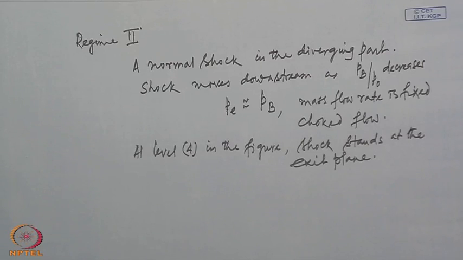Now, see that in regime 3, where we have back pressure higher than the pressure level 6, which is the pressure value for fully isentropic expansion in the converging diverging duct, we have no normal shock anywhere in the duct, but oblique shock appears at the lips of the nozzle at the exit plane.